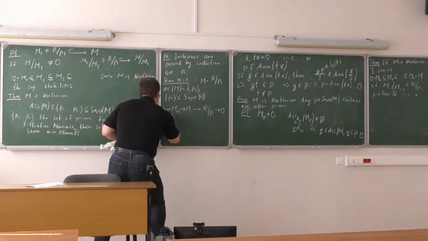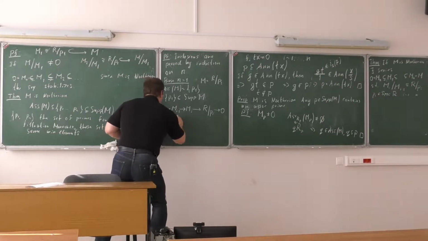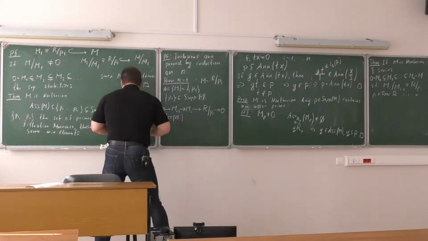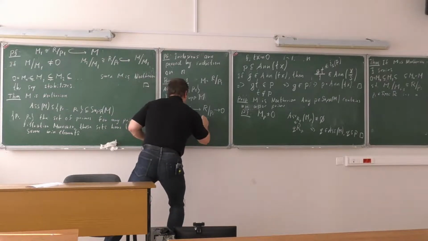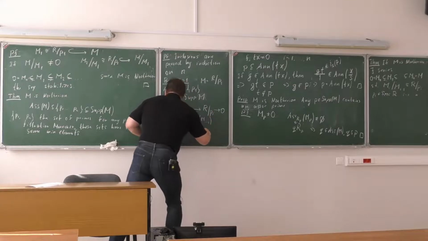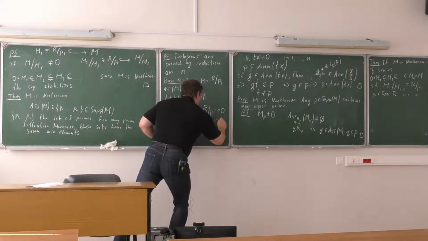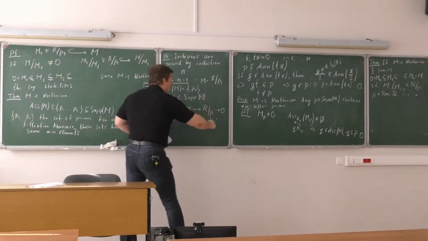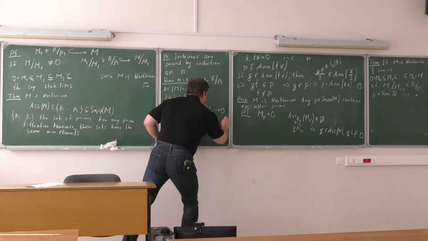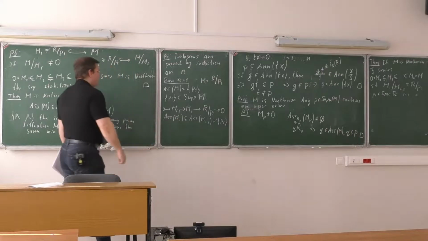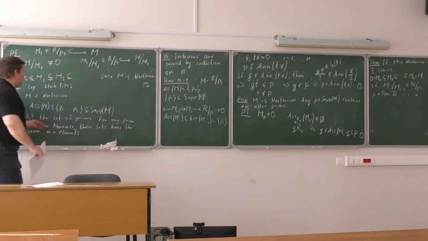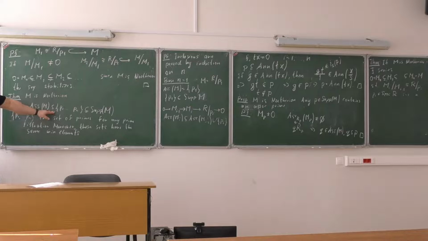So we know that the associated primes of Mi are contained in the associated primes of Mi minus 1 union with the associated primes of this quotient, but this is just Pi. And this immediately gives us this inclusion by induction.